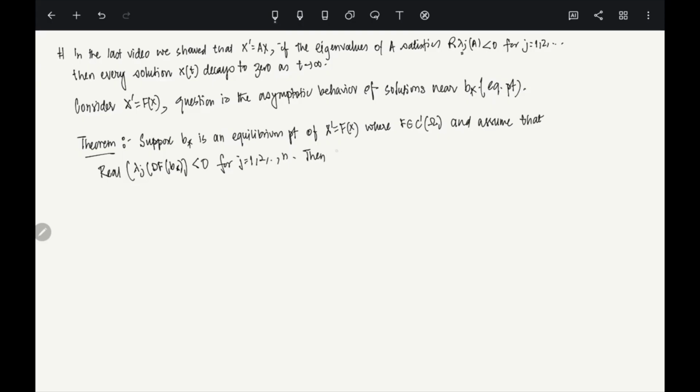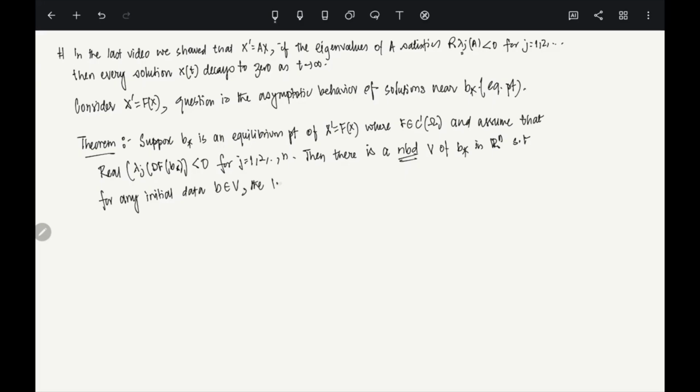Then there is a neighborhood V of B star in Rn, such that for any initial data B in V, is it okay?